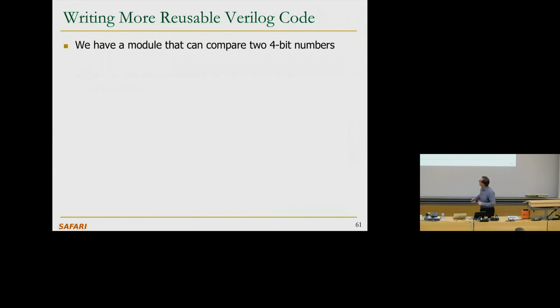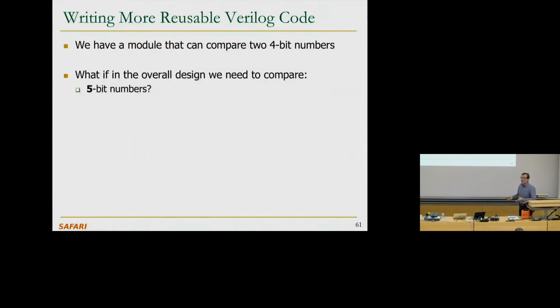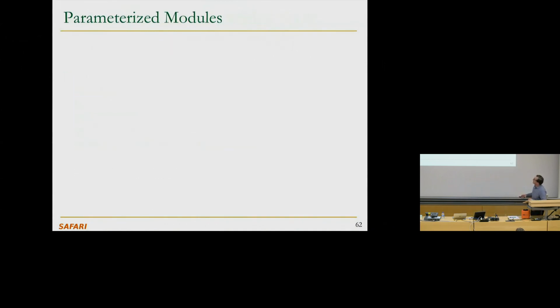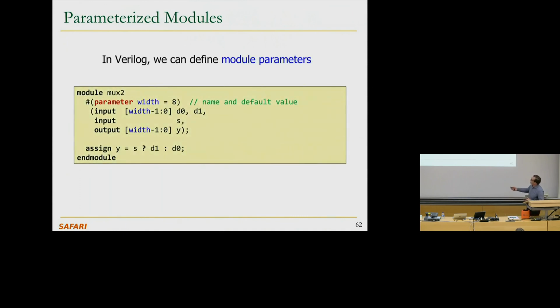What if you want to generalize this to 5-bit, 6-bit, n-bit number comparison? You don't want the same function repeated for 4 bits, 5 bits, 6 bits. So basically, we parameterize the modules. You can have module parameters, and it looks like this. You define a parameter for the width of the multiplexer in this case.